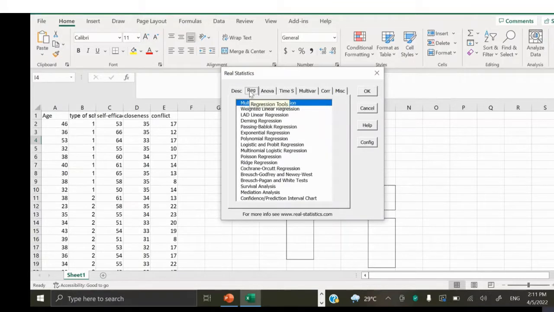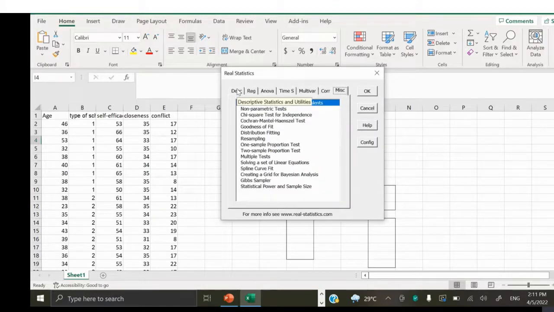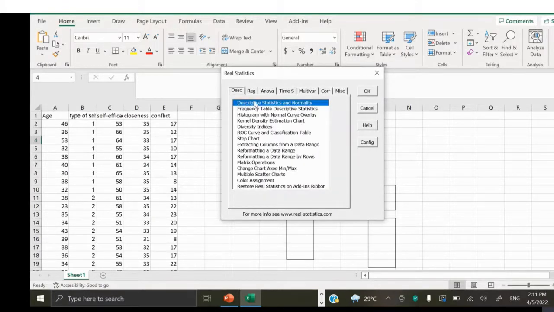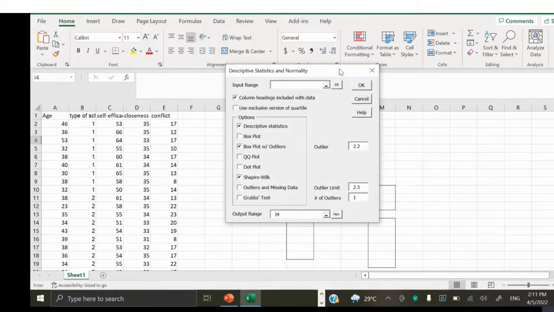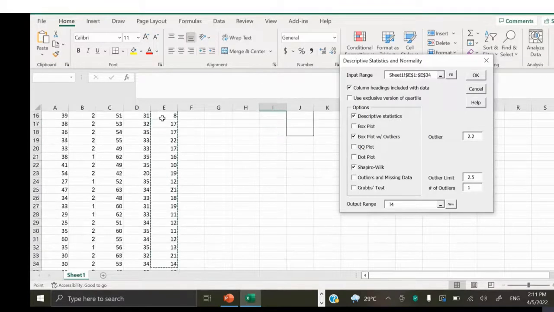We will focus on Descriptive Statistics and Normality, so I click OK. For example, I would like to get the Descriptive Statistics for conflict, so I will just highlight conflict here.